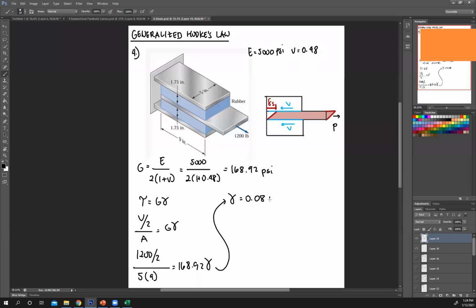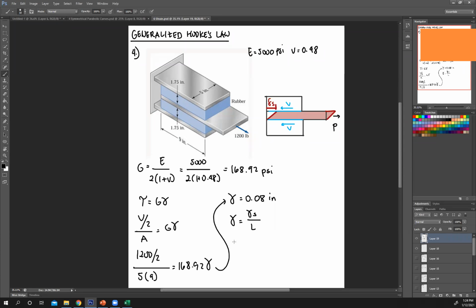Now we're not done. This is just shear strain. We're looking for deformation, sigma S. And remember, to get sigma S is just shear strain times deformation, which is your gamma S over original length L. Okay.